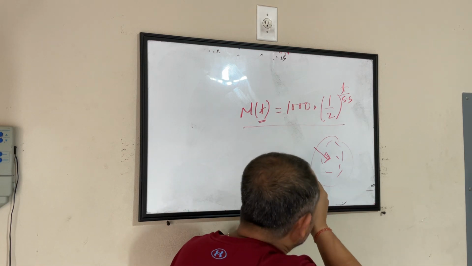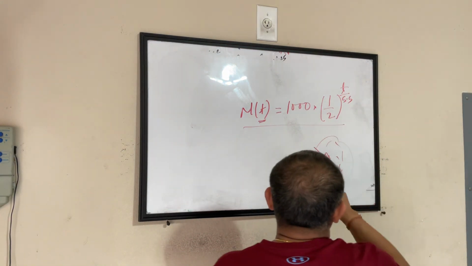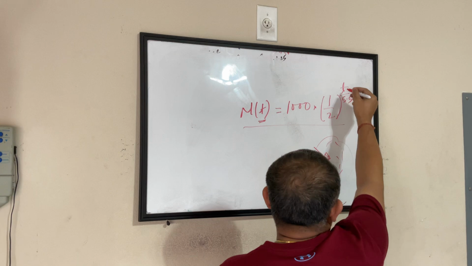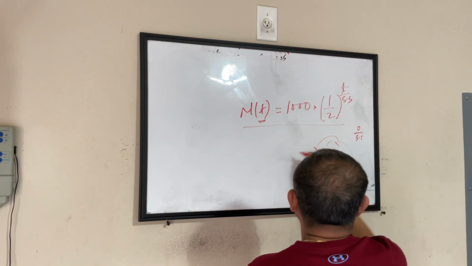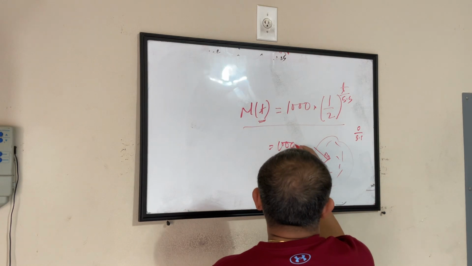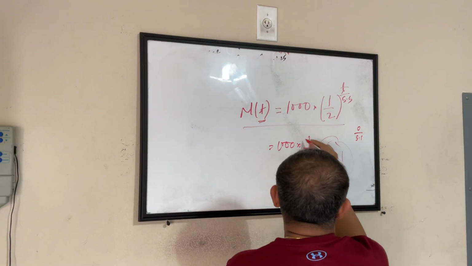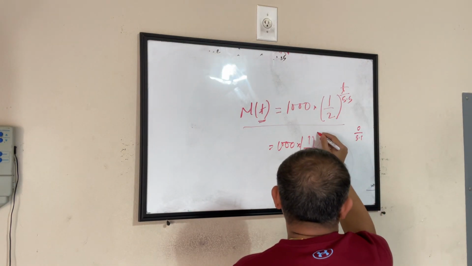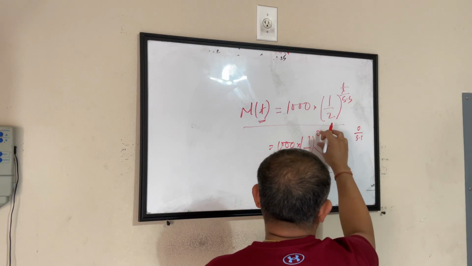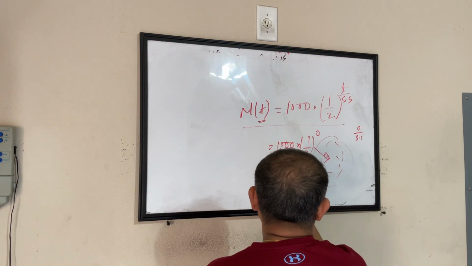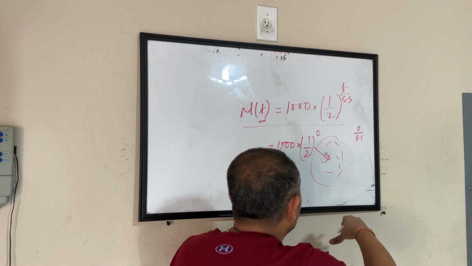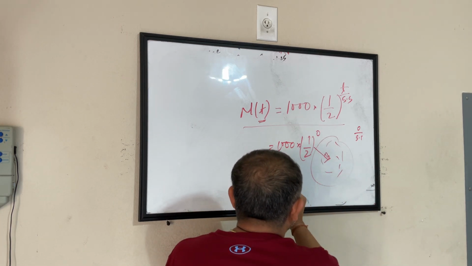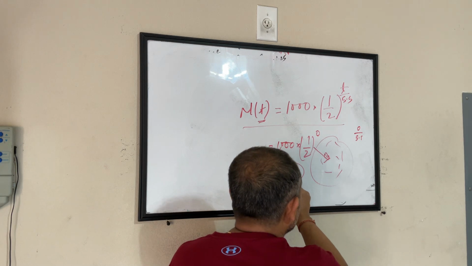So when you say after 0 seconds, as soon as you put the medicine, you'll put t equals 0, and 0 by 5.5 will be 0. So it becomes 1000 into (1/2) to the power 0, and anything to the power 0 is nothing but 1. So as soon as you put the medicine in the dish, the count is 1000.